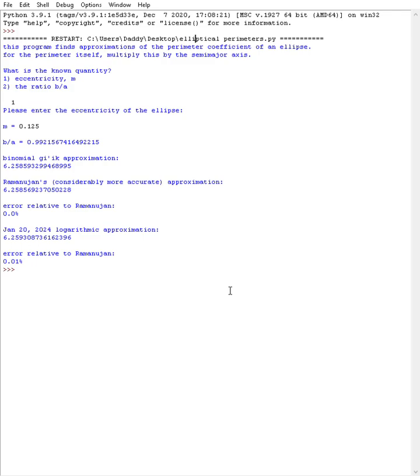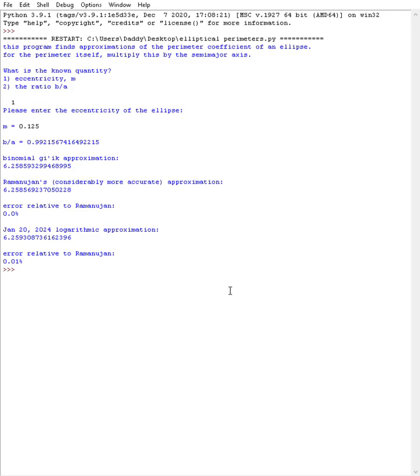So if we're looking for the perimeter of an ellipse, which operates in the second order, we're going to have to take a triple integral of the inverse of the reduced eccentricity, where the reduced eccentricity assumes that your semi-major axis is 1. So it's really just in terms of b.